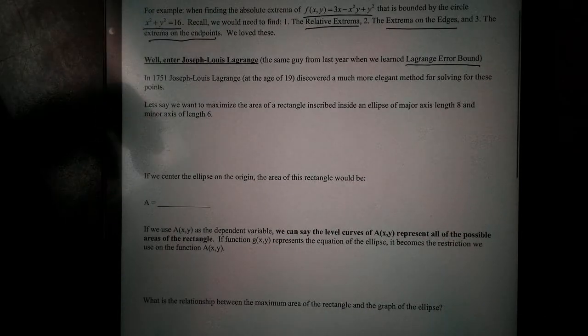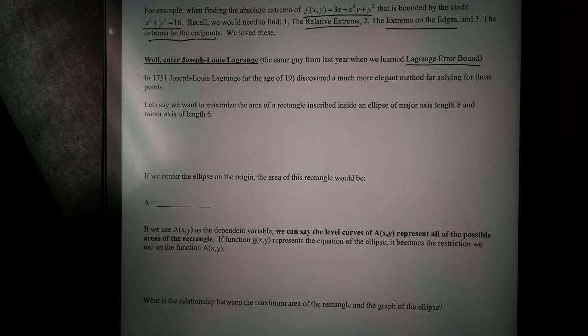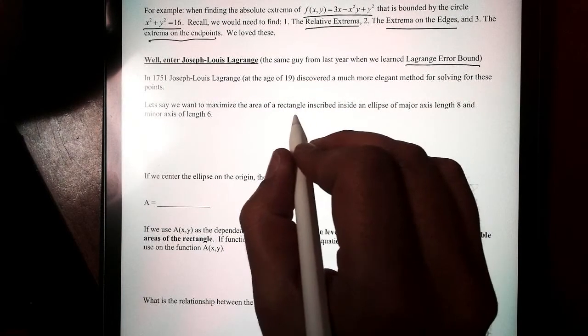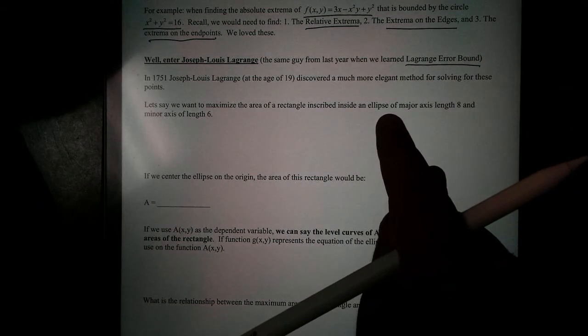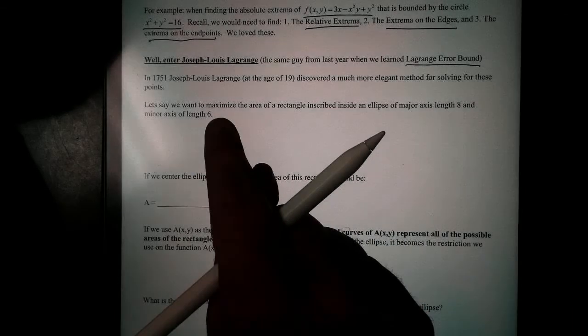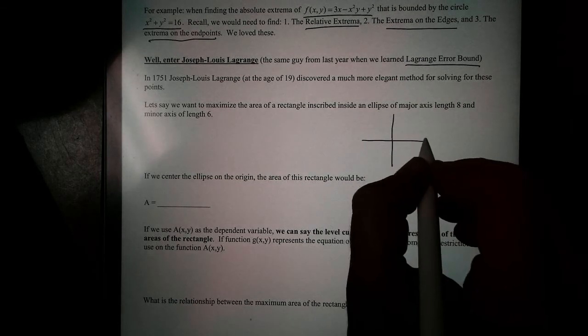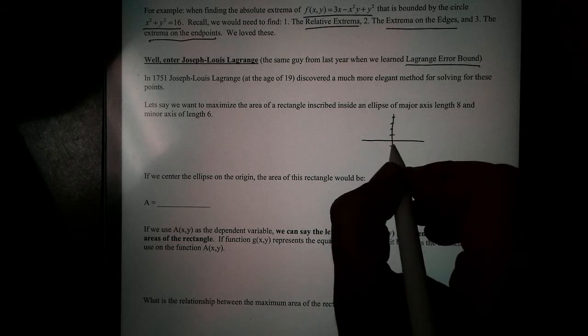So, an example to show you how this works: let's say we want to maximize the area of a rectangle inscribed in an ellipse with a major axis of 8 and a minor axis of 6. So let's say I have an ellipse here. It has a major axis of 8: 1, 2, 3, 4, 1, 2, 3, 4.